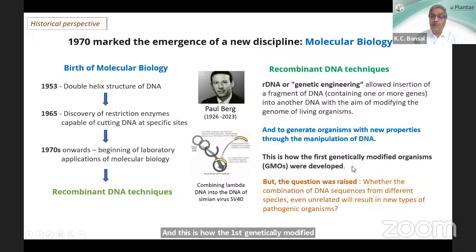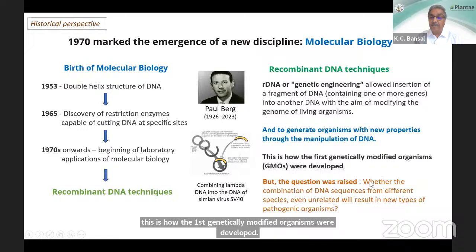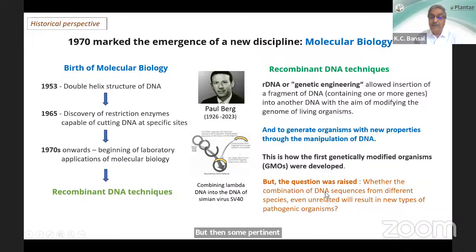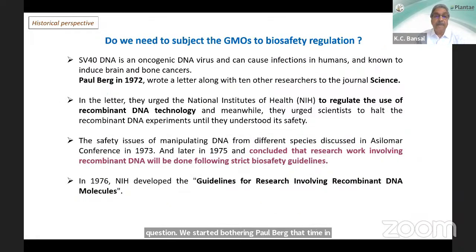But then some pertinent questions were asked, for example, whether the combination of DNA sequences from entirely different species, even unrelated, will result in a new type of pathogenic organisms. That's the question which started bothering Paul Berg at that time in the 70s, and other scientists.